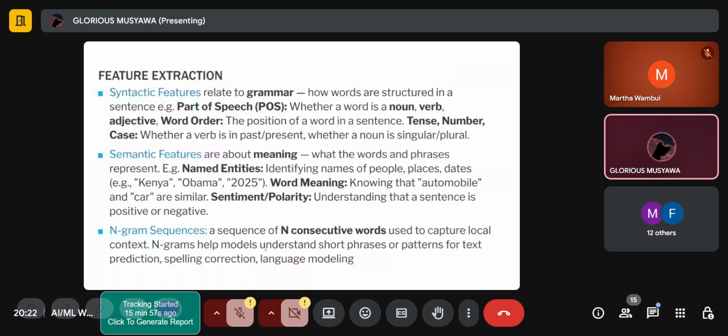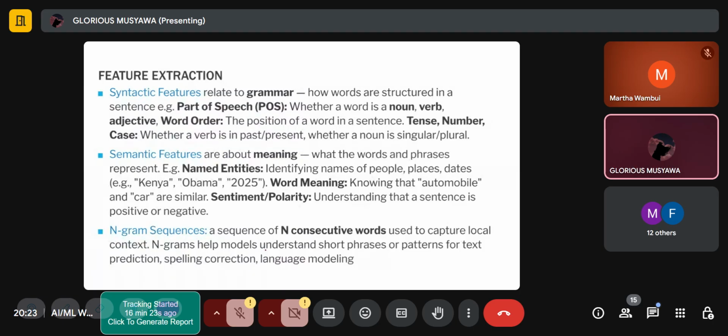They're not necessarily connecting to each other, but it's important for us to understand what they mean. For example, knowing that automobile and car are similar. Then sentiment, understanding if a sentence is positive or negative, is called polarity.